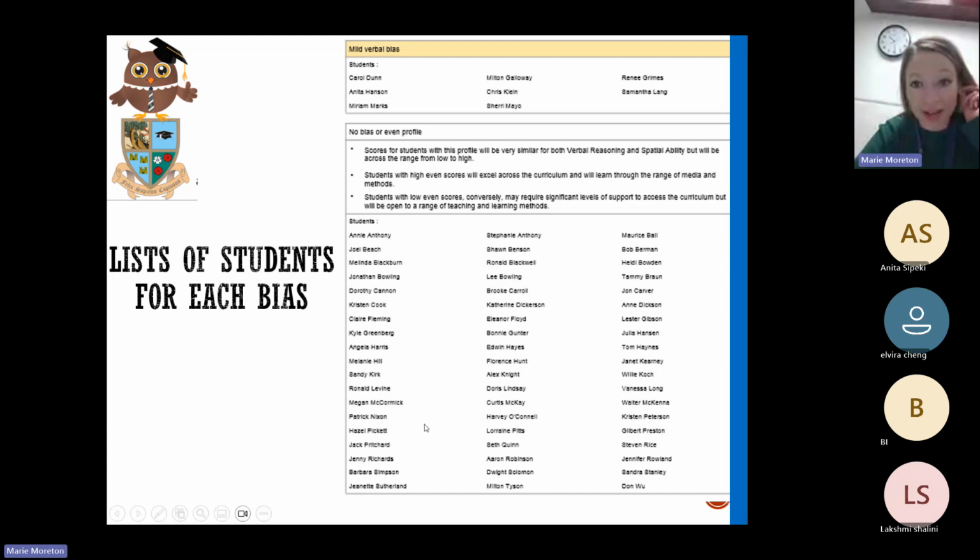This is basically children who were fairly balanced, and children who are balanced with high scores tend to excel across their curriculum and learn through a range of methods. Students with low even scores may need lots of support, but will be open to a range of teaching and learning methods. So you can access and support them with lots of different methods.